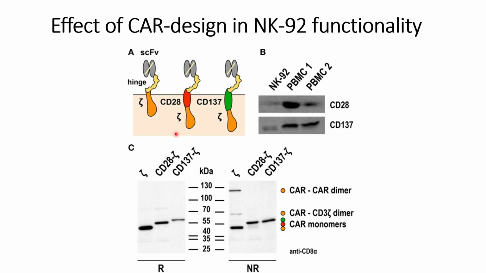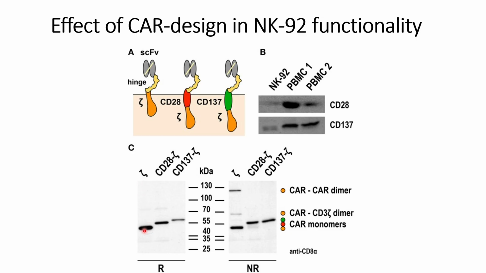Thereafter, they checked the expression levels in the lentivirus transduced NK-92 cells of the three different CAR constructs. Since CD3 zeta is already found endogenously in the NK-92 cells, its expression level is high because of the combined effect of endogenous expression and expression from the transduction.